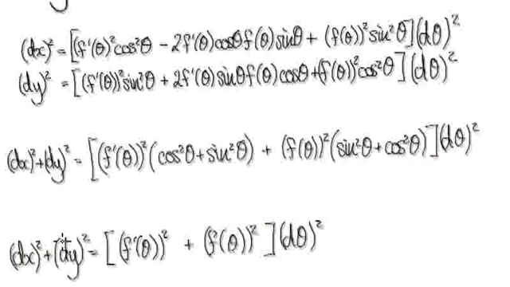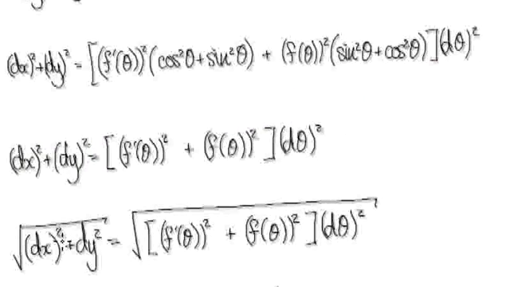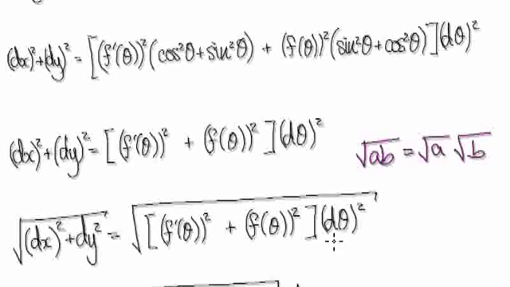So currently we are here. Take the square root. Remember this here equals ds. That will give you this. And remember, the square root of a times b is the same as root a times root b.